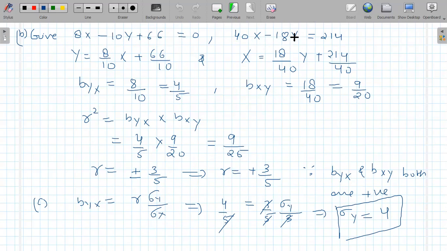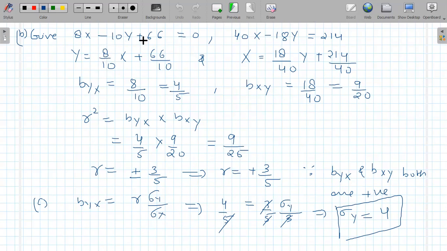If you do that, then you will have 40 by 18 as regression coefficient byx, and here we have 10 by 8, both are greater than 1, which is not possible, because we know that if one regression coefficient is greater than 1, then the other would be less than 1.